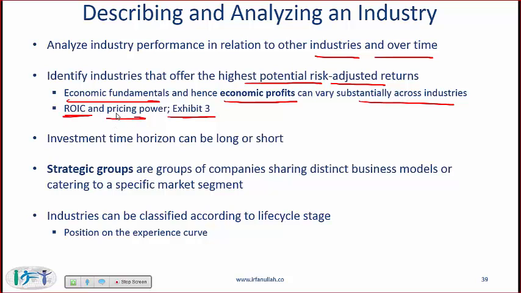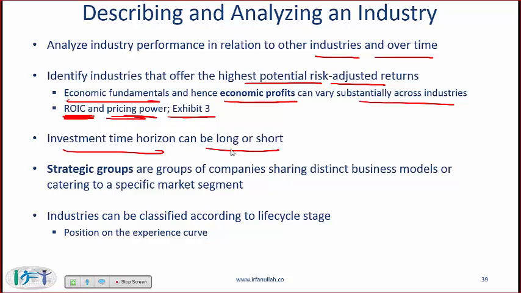Also, some industries have much more pricing power than others. And where would you like to invest? Obviously, all else equal, you want to invest in companies that have higher return on investment. You would invest in companies where we have a higher ROIC, or industries where we have high pricing power.